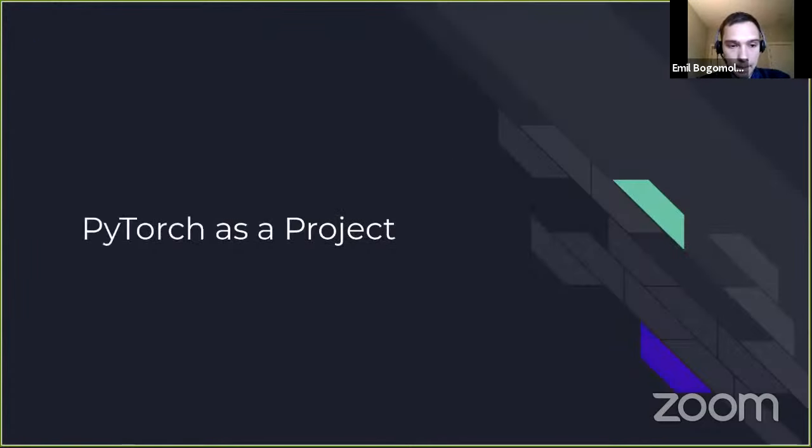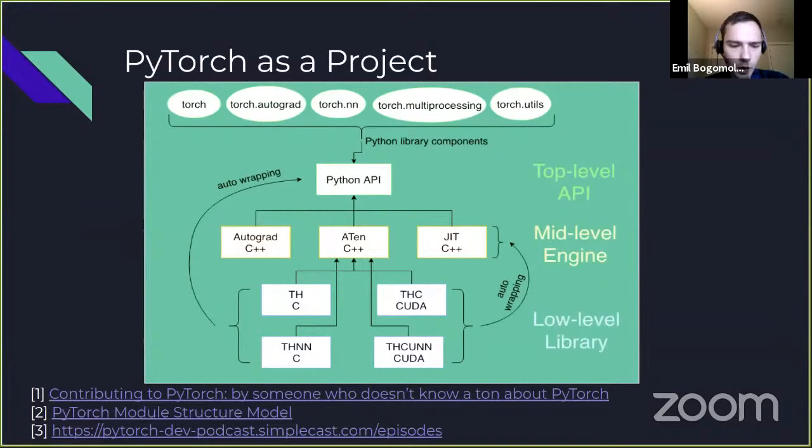Let's go forward. Let's talk about PyTorch as a project. PyTorch is a framework for fast and agile experiments in deep learning. It is obvious. And recently it has begun to acquire a deployment potential.